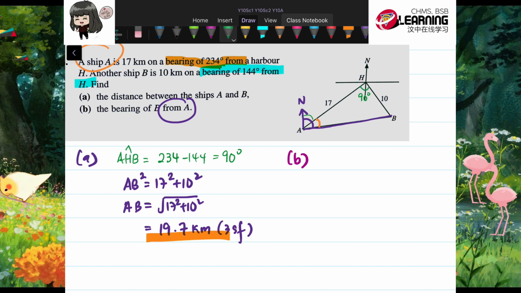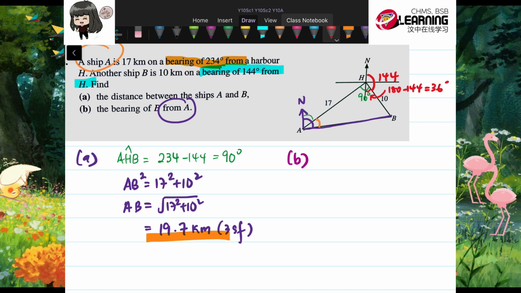Okay, so we can find, this one is 144. Okay, if this is 144, then this little angle here will be 180 minus 144, right? So basically this one is 36 degree.